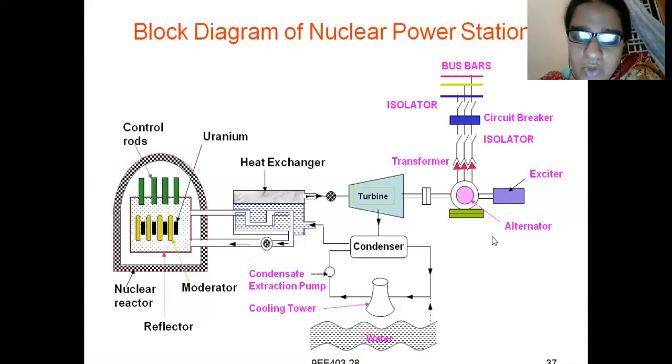This is the block diagram which explains in detail a nuclear power plant. In this block diagram, all the components related to the nuclear power plant are covered. I have tried to give an overview of the whole nuclear power plant in a proper manner.